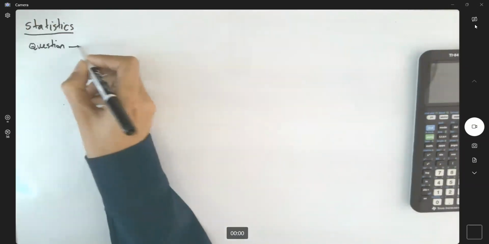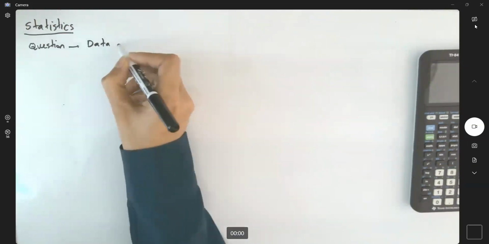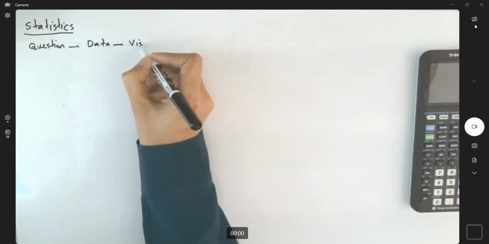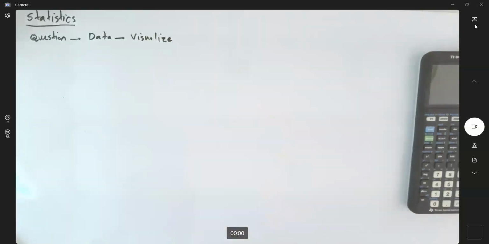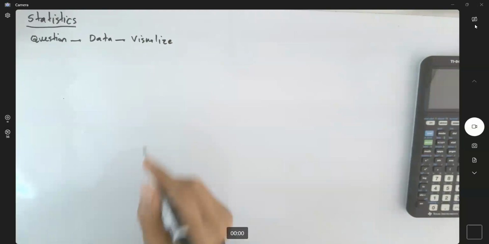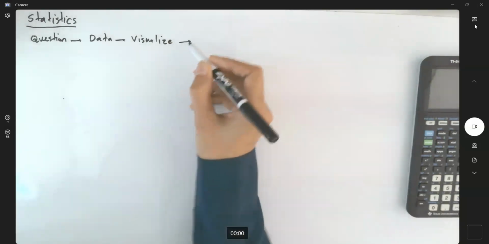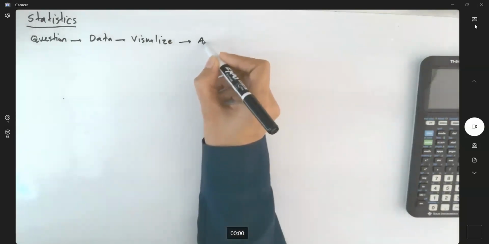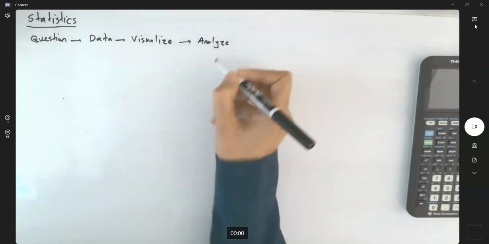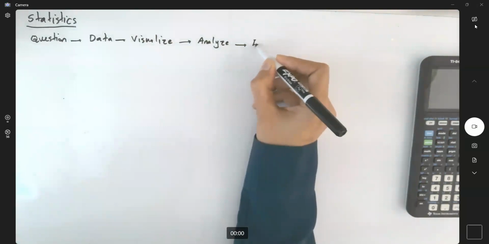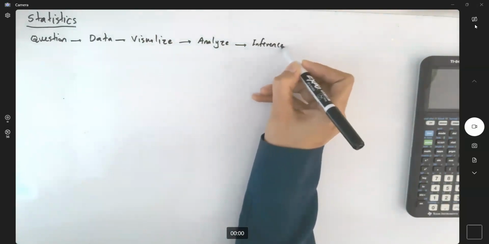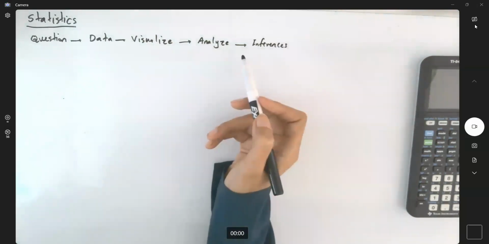And then we collect the data, and then we try to visualize the data. Is it skewed to the left, skewed to the right? Is it normal? And so on. In the next step, we are interested in analyzing the data. And finally, we want to make inferences or predictions. Well, how do we analyze the data?